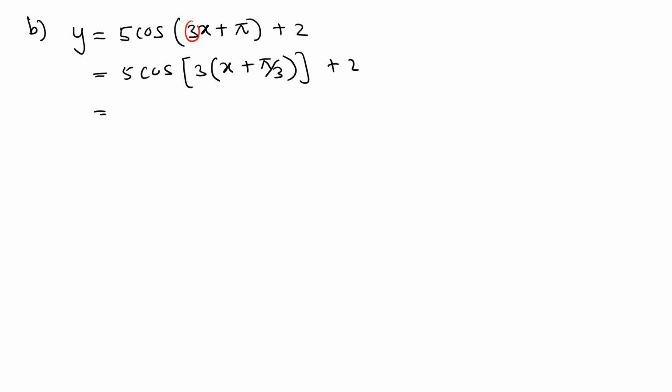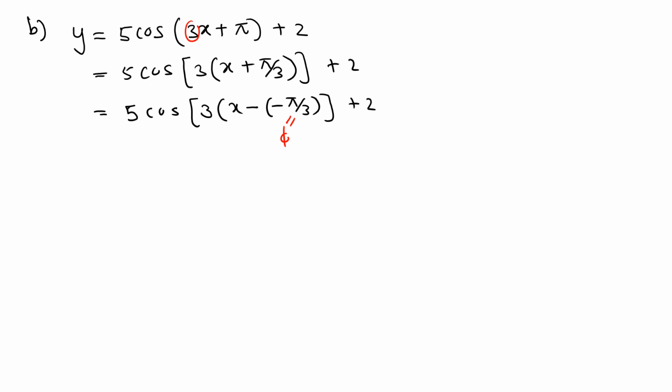And then we're going to rewrite this with a negative sign, so we write x minus minus, like that. That's how we write it with the negative sign. Then once you do that, this simply becomes phi equals negative pi over 3.